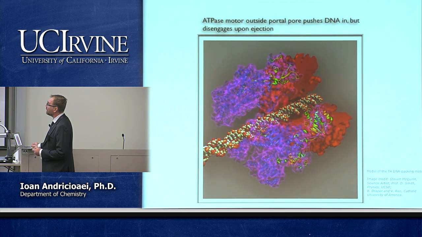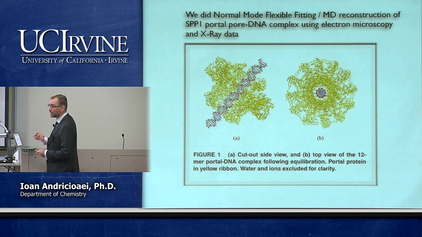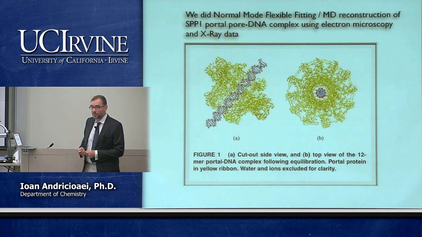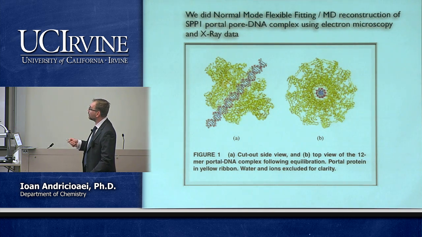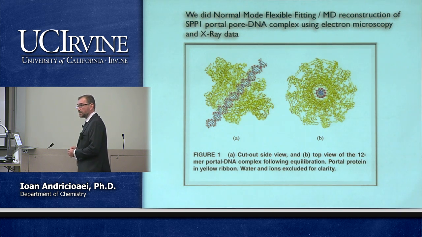This is the DNA. This is a cut through the so-called portal pore, and this is a molecular dynamics setup for a simulation in which we will probe how DNA gets out of the viral capsid through this pore.